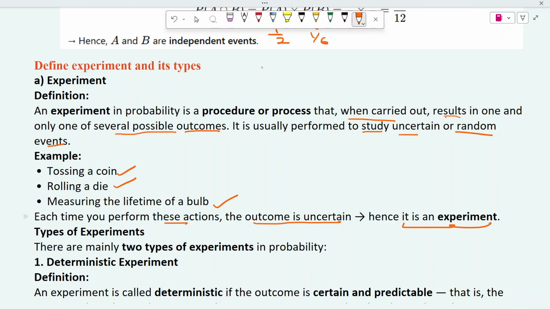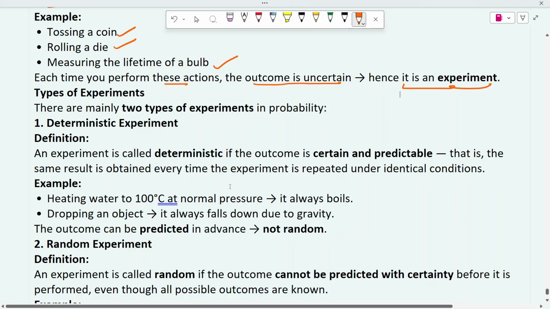In general, we have two types of experiment. One is called deterministic experiment.